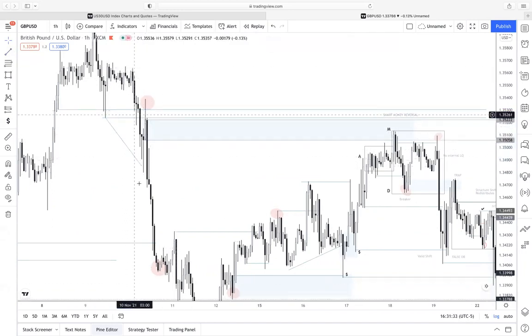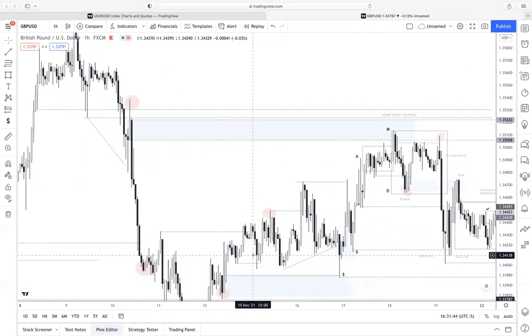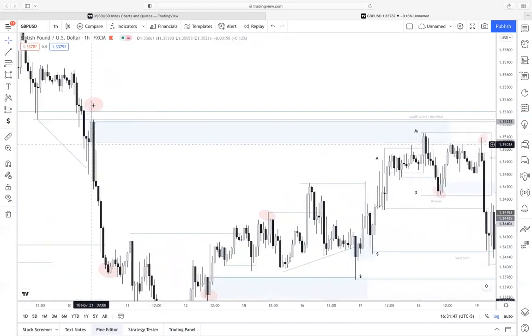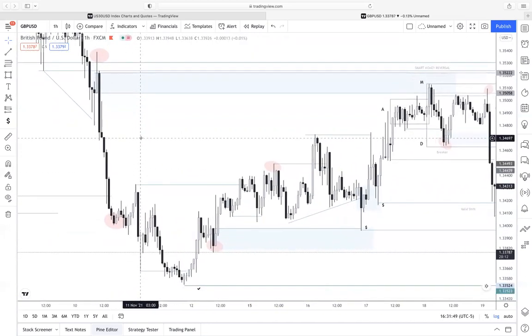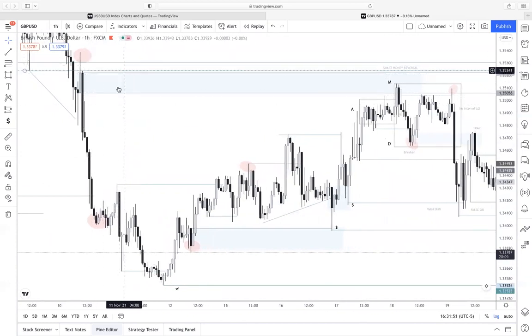Now, why is this valid, even though it didn't mitigate this order block? Again, there's no internal liquidity here. You have a clean imbalance, so it hit off the breaker and it created a new low. So this is a valid order block. So again, we've depicted our valid order block.